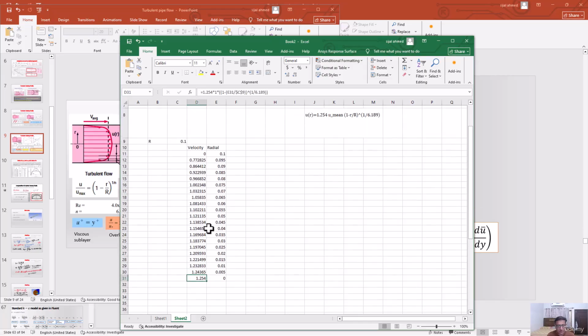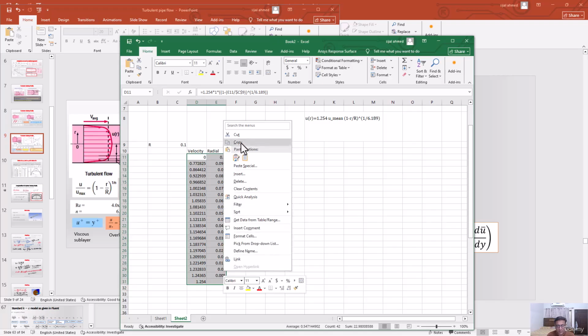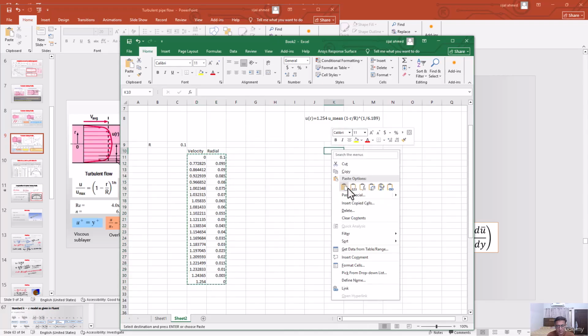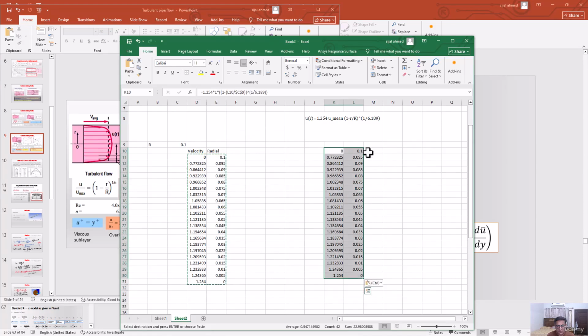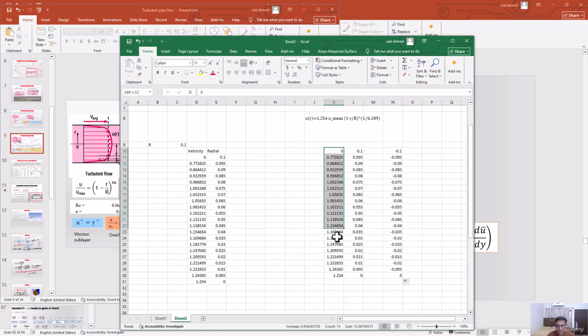Afterwards, I am going to put the same velocity profile but with the minus sign. So paste the values here, put the minus sign, -1 into this value, and drag it. This value will be with the same values, but inverted.